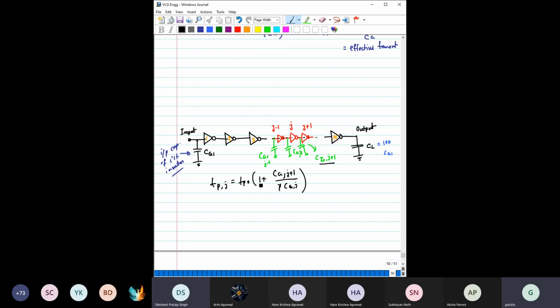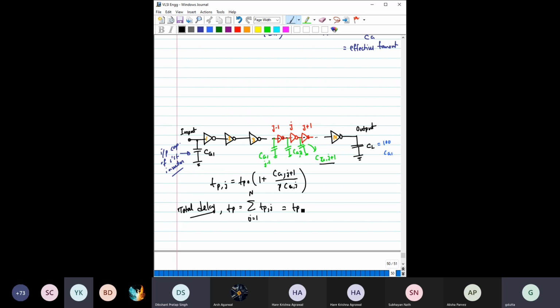And this is for any stage, right? You can just keep it 1, 2, 3, and that will give you any stage from 1 to n. Then what would be the total delay if you want to calculate? So total delay would be nothing but the summation of all the delays, right? So it is Tpj, where j varies from 1 to n.